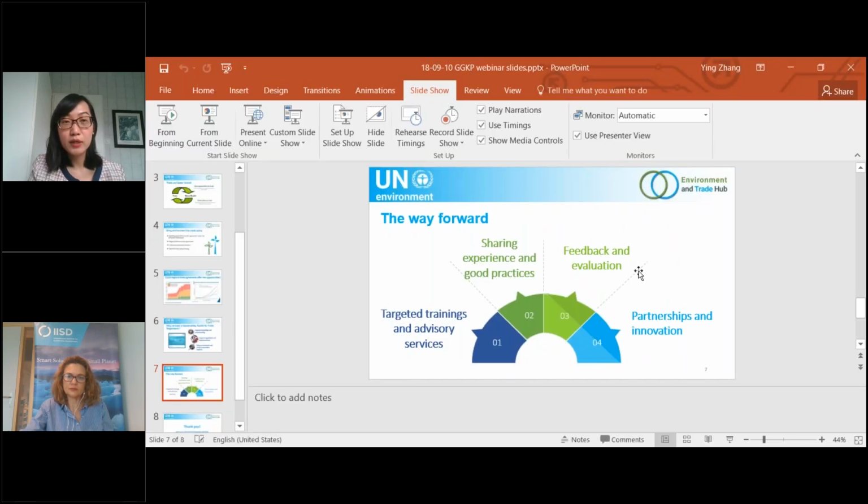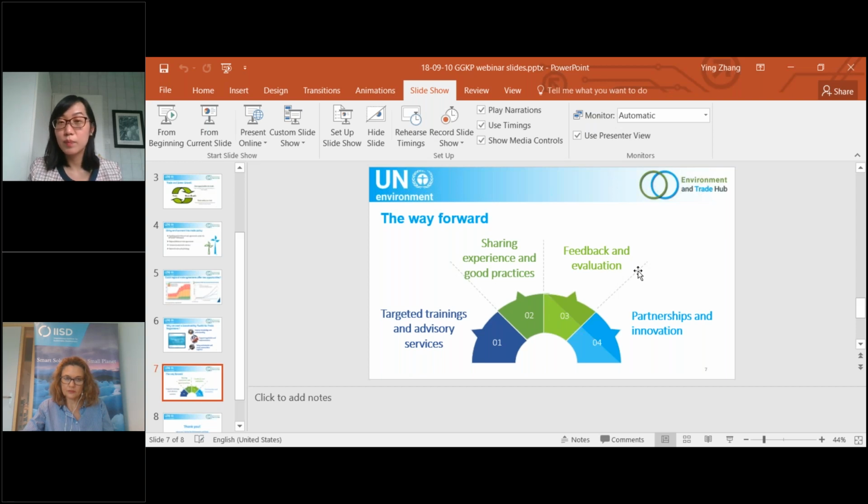We would be particularly interested in working with you in four areas, including targeted training and advisory services based on the countries' demand, and also sharing of experience and good practices, especially for some of the new topics. We think that peer learning would be really helpful. And also feedback and evaluation, for instance, to what extent are these provisions effective? How can we make them more effective?